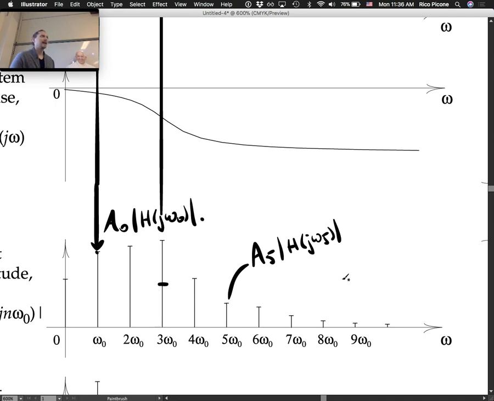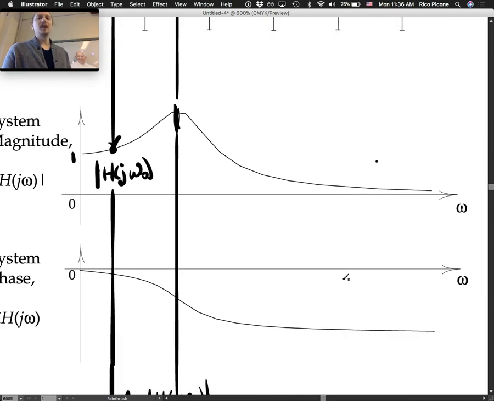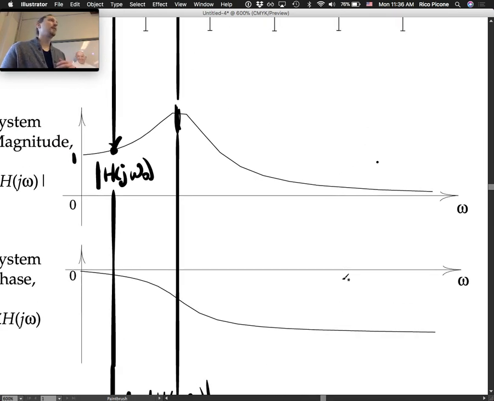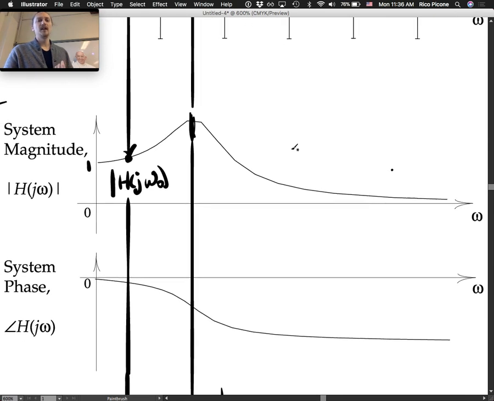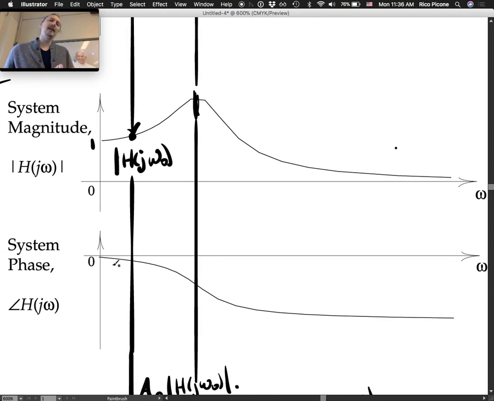That's why the Bode plot is so powerful: we can think of a periodic input with different harmonics in it at different frequencies as being filtered through the magnitude Bode plot. And then the phases, of course, are shifted. So in this Bode plot, it's probably a second order system, so it goes from like 0 to negative 180 degrees.